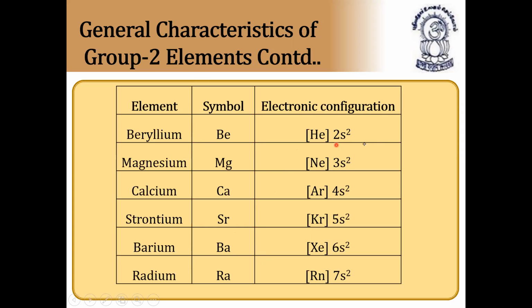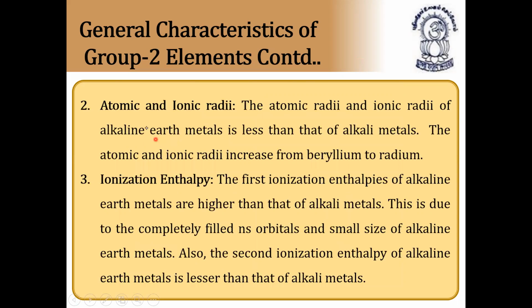Based on these completely filled s orbitals, their ionization enthalpies are much greater than those of the first group metals, the alkali metals, because of completely filled electrons in the outermost shell. Now atomic and ionic radii: the atomic and ionic radii of alkaline earth metals are less than those of alkali metals.